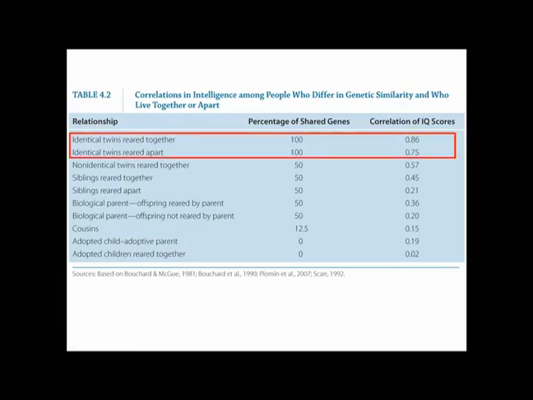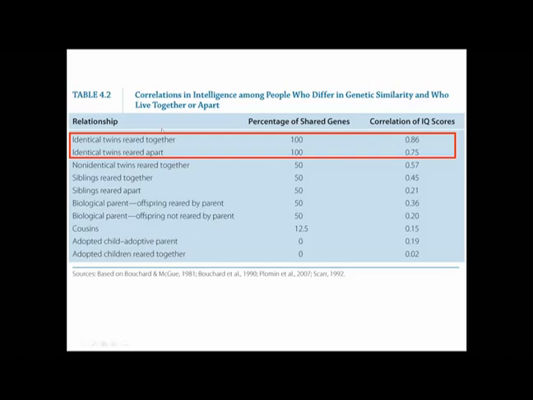So we will start at the top with identical twins. And so the first one is identical twins reared together, and then one right below that is identical twins reared apart. So for both of these cases, we're looking at individuals that share 100% of their genes. They have identical genomes as far as we care.